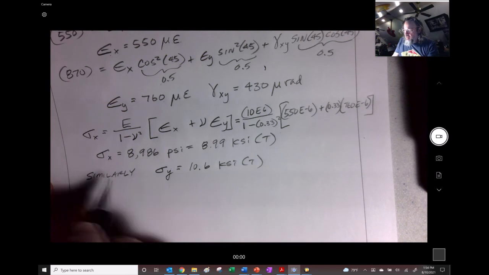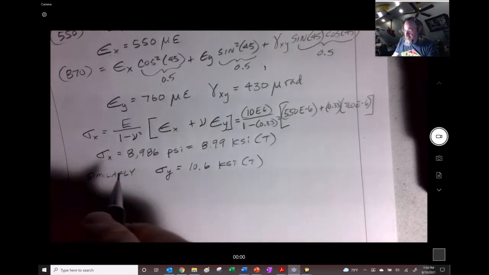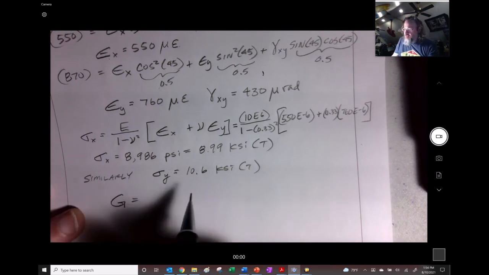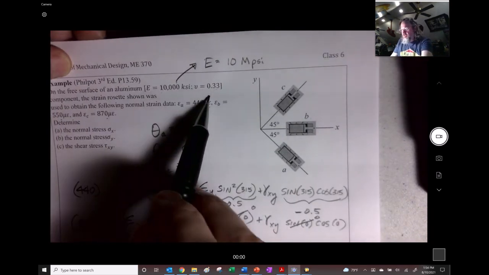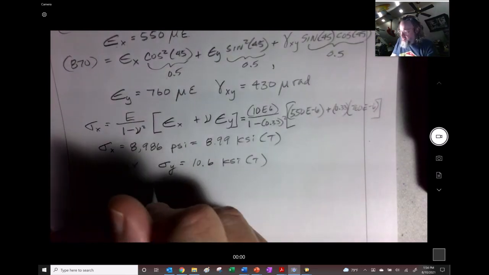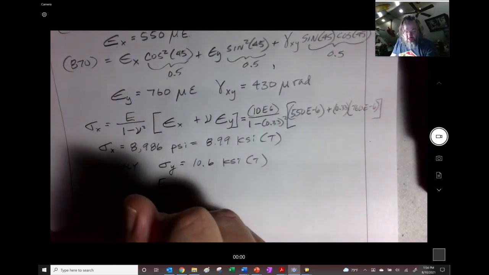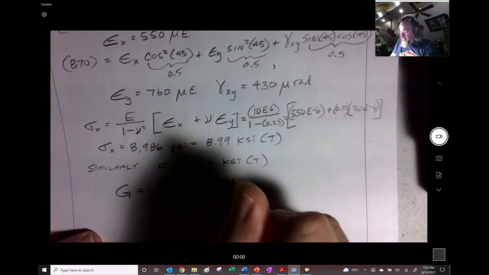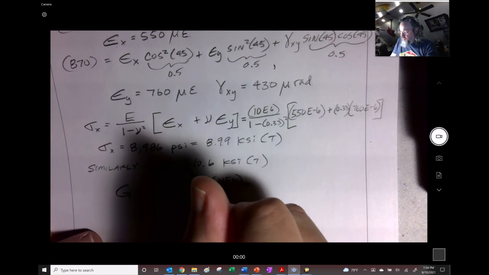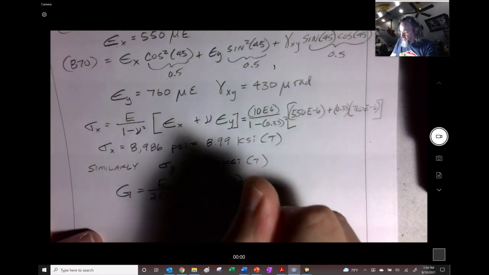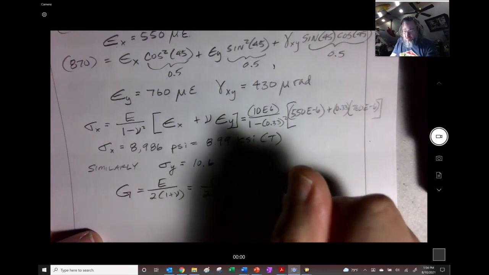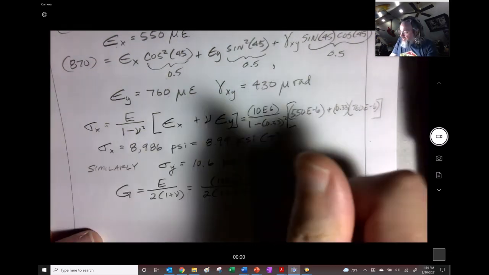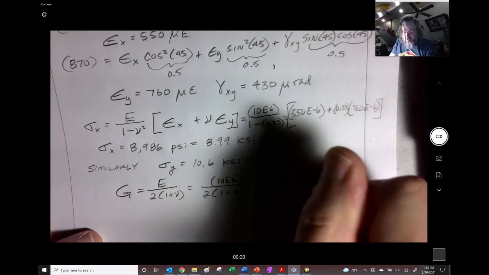And then when we go to find the tau, let's first get the modulus of rigidity, because we were given elastic modulus and Poisson's ratio. So let's take that, and G equals E divided by 2 times 1 plus nu, or 10E6 divided by 2 times 1 plus 0.33. It becomes 3.759 E6.